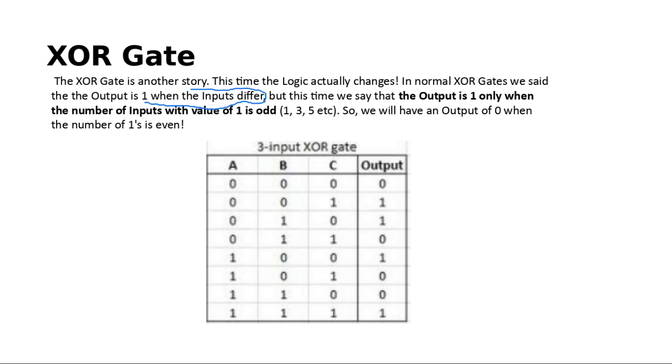But this time the output is 1 only when the number of inputs with value of 1 is odd. It means if there are two 1s, result is 0 because it's even. If there are three 1s, result is 1 because it is odd. If there is one 1, it also means odd, so 1. Okay? You get the logic, right? If there are two 1s, it is even, so the result is 0. Okay? For multiple inputs of XOR.